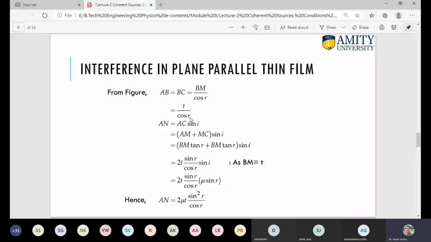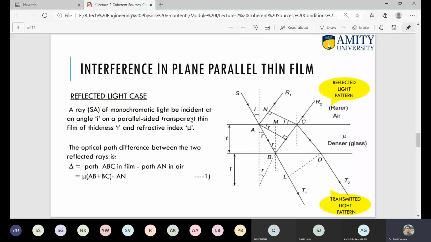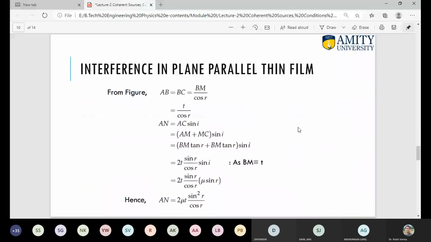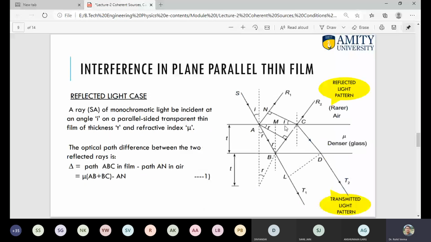Similarly, if you take this particular triangle A and C, and this angle is I, and since you have drawn a perpendicular on line AR1 from the point C, therefore this will be of 90 degree. So you have to determine the value of AN, and this AC you can determine.